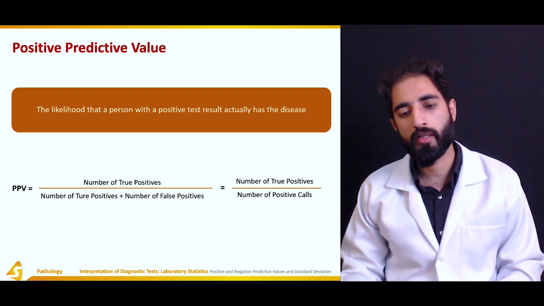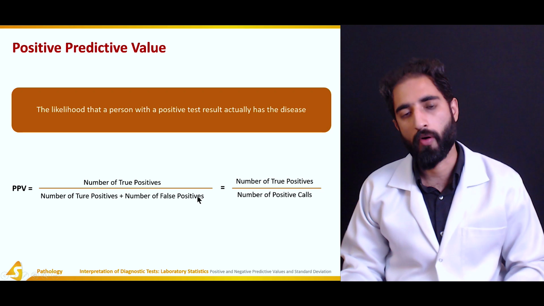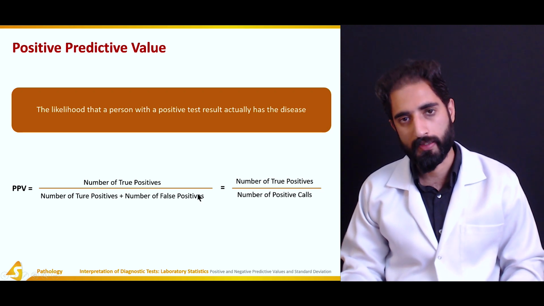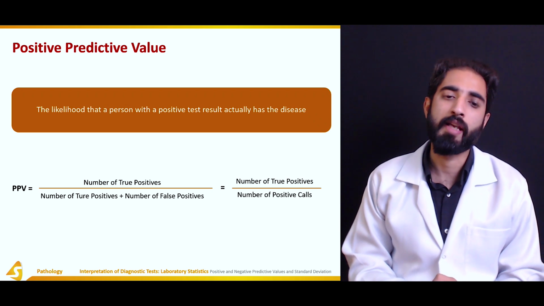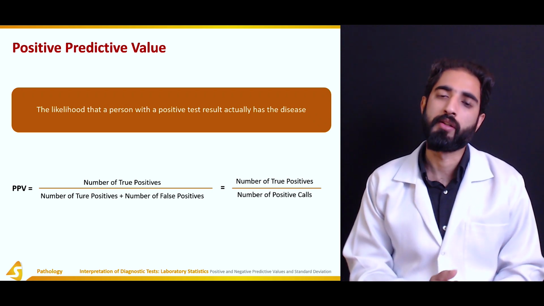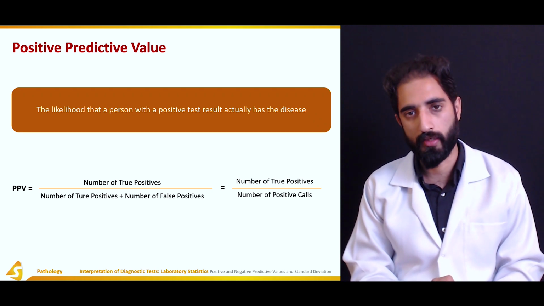If there is a greater number of false positives, then there would be a smaller positive predictive value for that test. And if there are fewer false positives, then that test or outcome measurement has a greater positive predictive value.